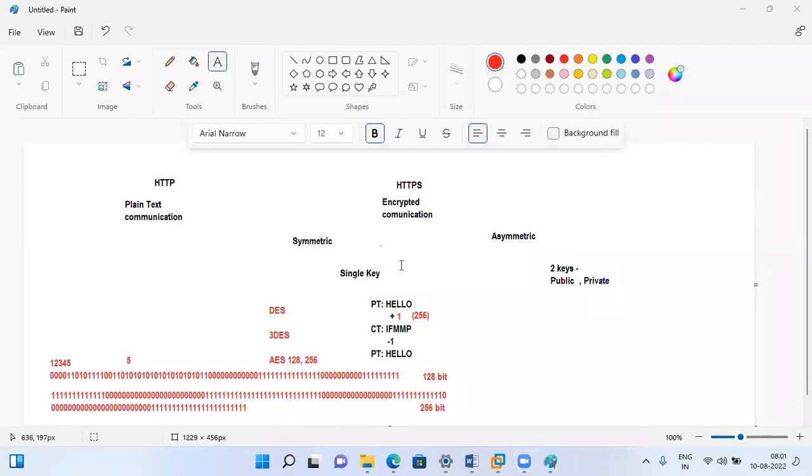Just like symmetric, even in asymmetric also we have RSA, EC, DHE, elliptic curve, Diffie-Hellman key exchange, DHE.